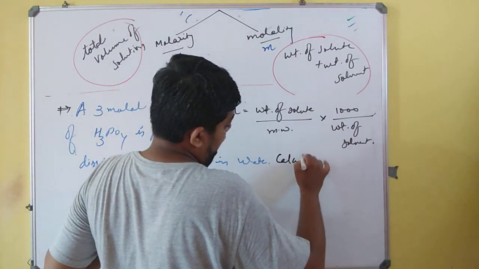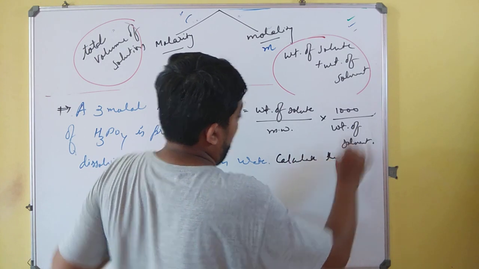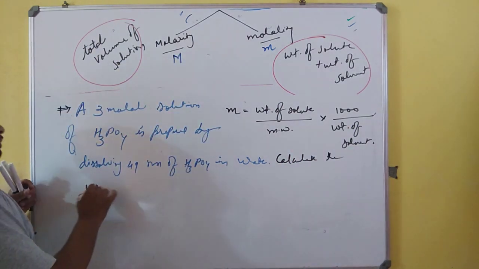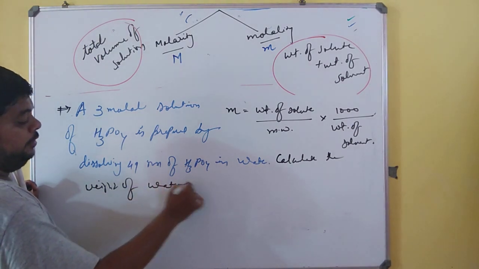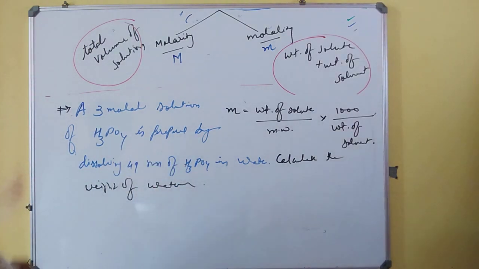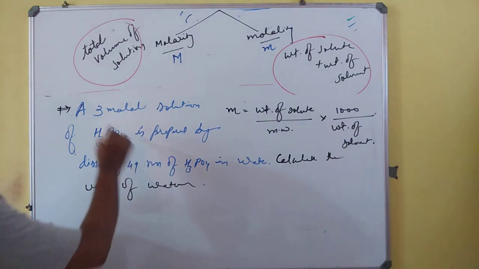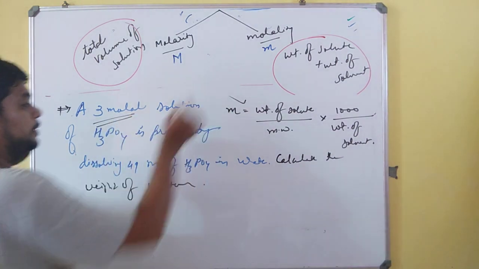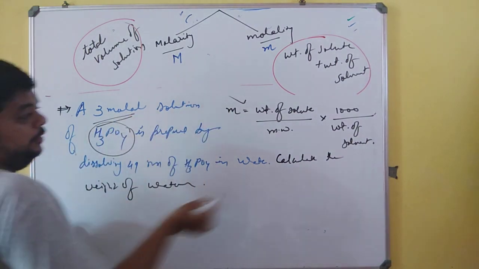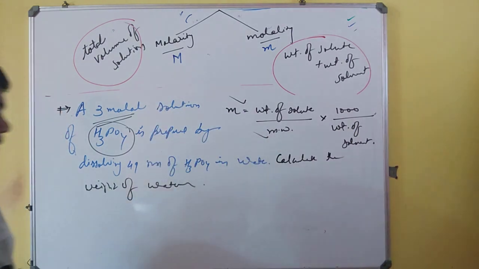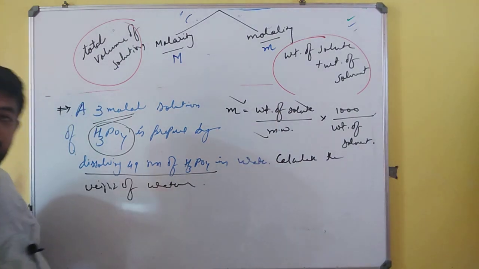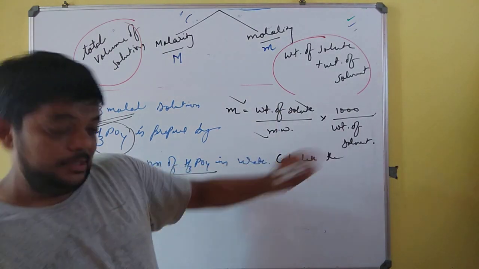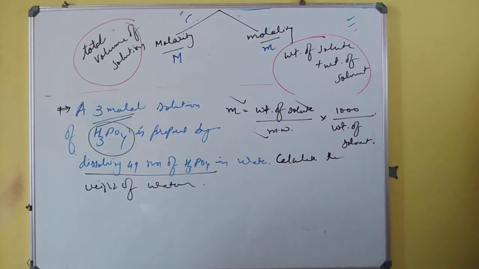Calculate the weight of water required. Now understand, molality is given. From the name of the solute you can determine the molecular weight. Weight of the solute is given. It means I am interested in finding the weight of solvent.